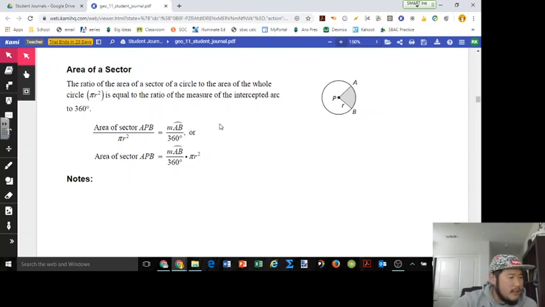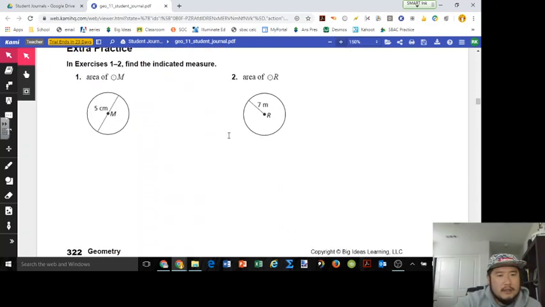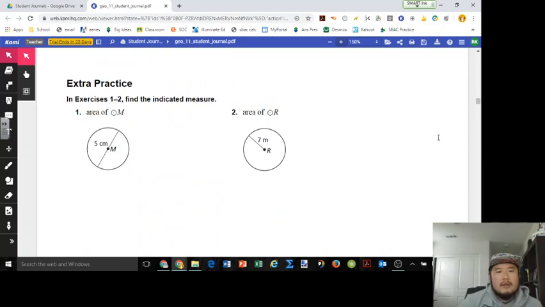So now let's go ahead and take a look at number 1. All right, so it says find the indicated measure, and it says let's find the area of circle M. And let's start off once again with our equation for area, and that's pi r squared. And we take a look right here, and the diagram is very specific.